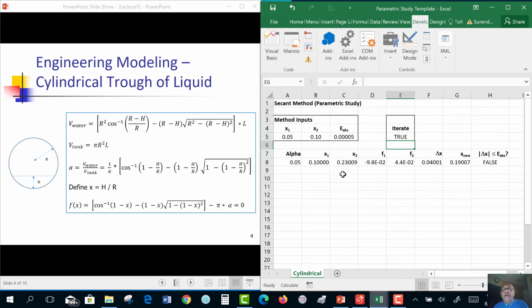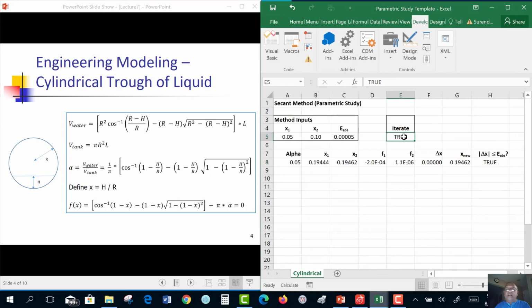And you see now 0.1 has come here, 0.23 came here, and we have a new value 0.19. We do once more F9, third iteration, and then fourth iteration, fifth, and on the fifth iteration, it converges. So now we know that this is our solution when alpha is 0.05.